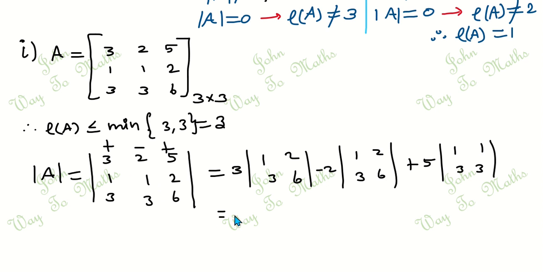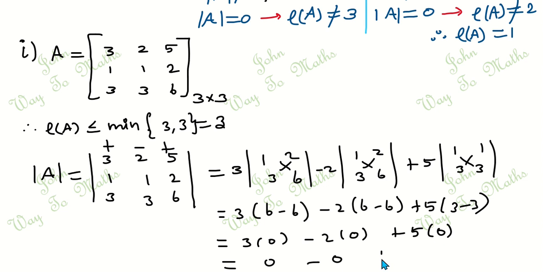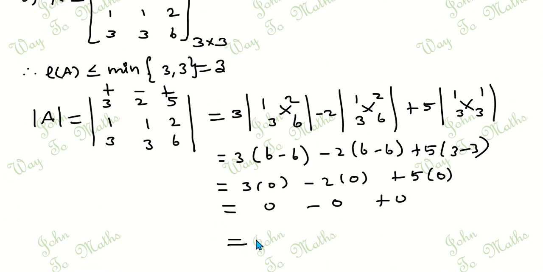So this is equal to 3 times first diagonal minus second diagonal: 1 times 6 is 6, minus 2 times 3 is 6, then minus 2 times first diagonal minus second diagonal: 1 times 6 is 6, minus 2 times 3 is 6, plus 5 times 1 times 3 is 3, minus 1 times 3 is 3, which is equal to 3 times 0, minus 2 times 0, plus 5 times 0, so the answer becomes 0 minus 0 plus 0. So the determinant value is equal to 0.